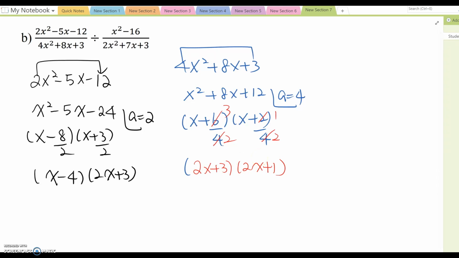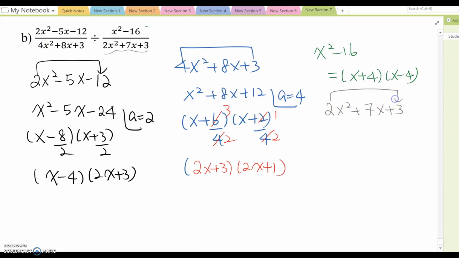Now the third one, this part, x squared minus 16, which means (x plus 4) and (x minus 4). And then the last one, which is this one, 2x squared plus 7x plus 3.